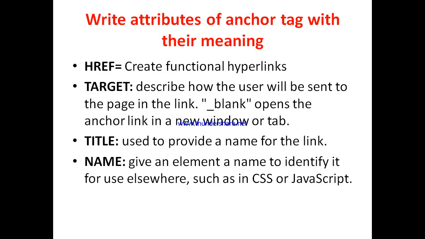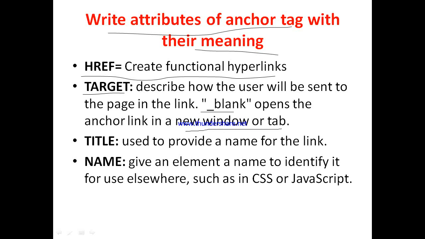Now next question: write the attributes of the anchor tag. The anchor tag has many attributes, but we'll see the main 4. The first is href, which creates a functional hyperlink. Second is target, which, if it has the value underscore blank, opens the anchor link in a new window.